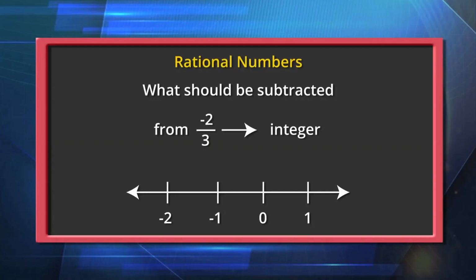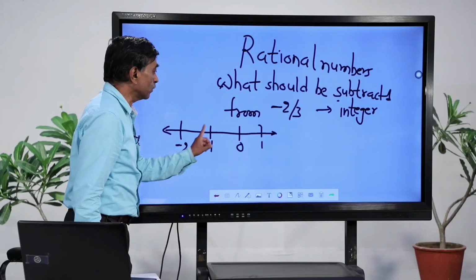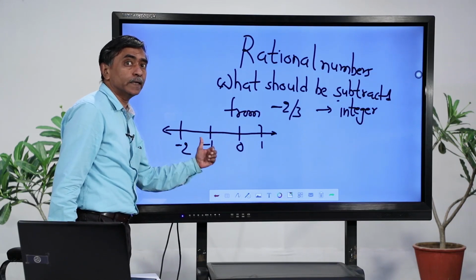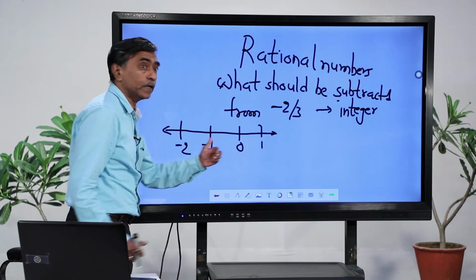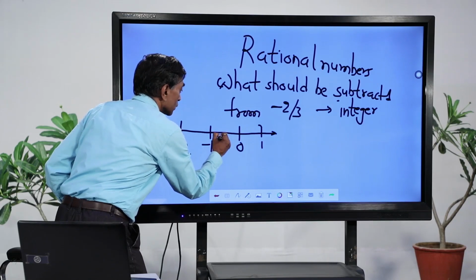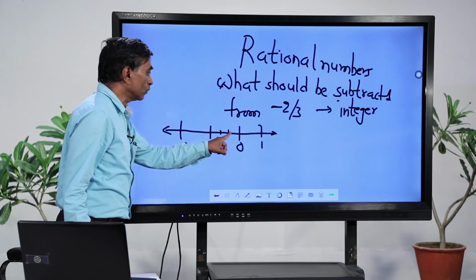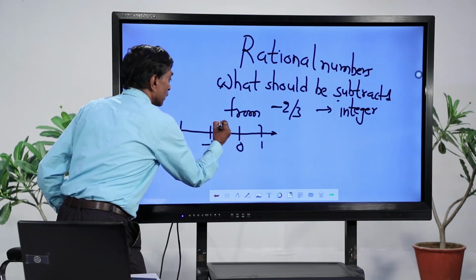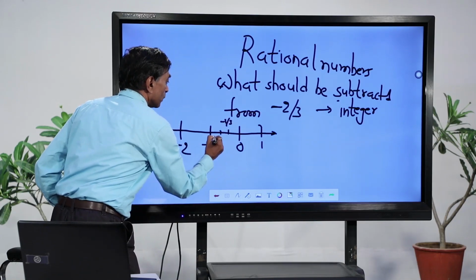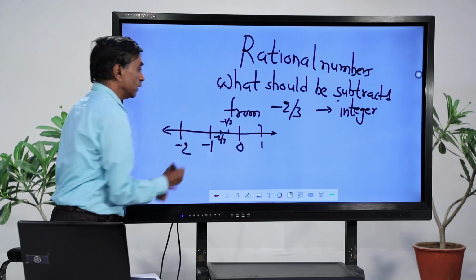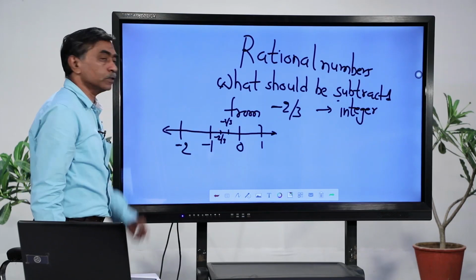Now, in order to see what is -2/3, I will divide this into 3 equal parts on the negative side, that is between 0 and -1. So, these are the 3 parts here, and now the first part becomes -1/3, the second part becomes -2/3.